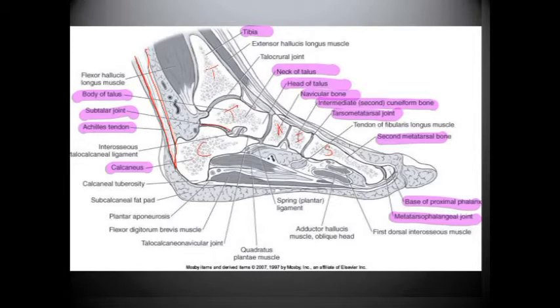Additionally, we have the subtalar joint, sinus tarsi, which allows for the interosseous talocalcaneal ligament. We have the talocrural joint.